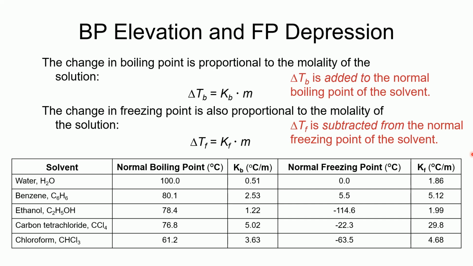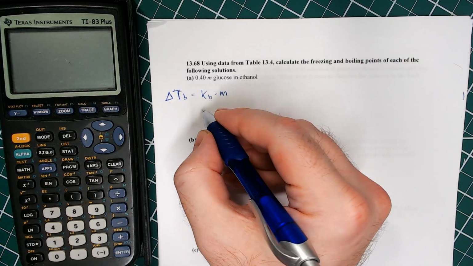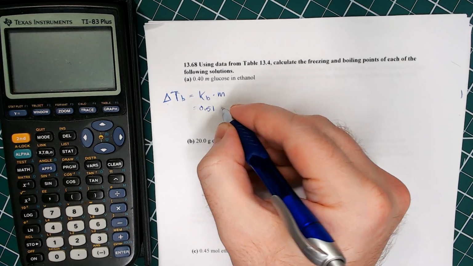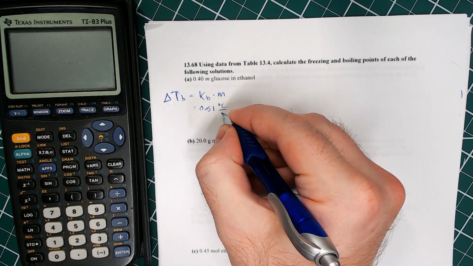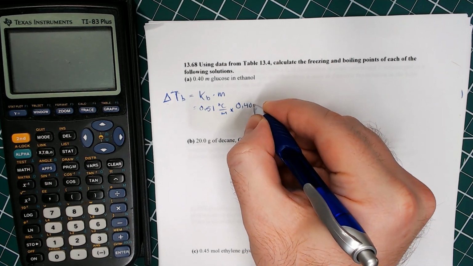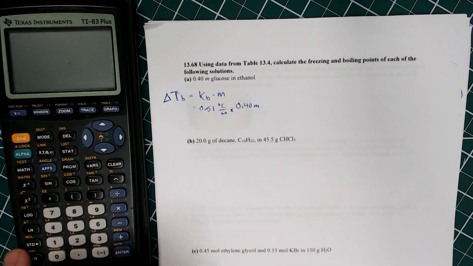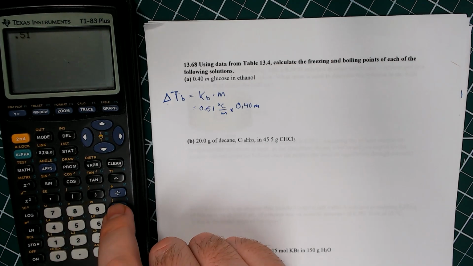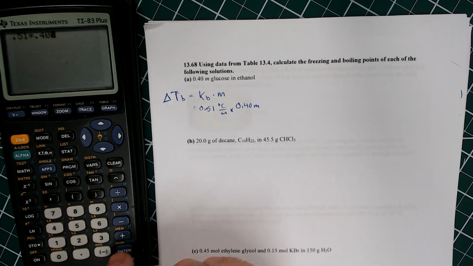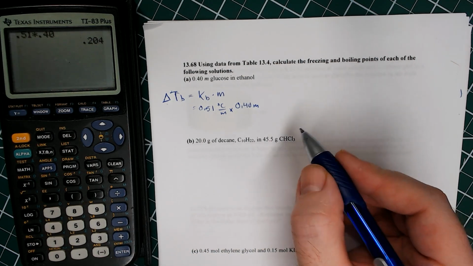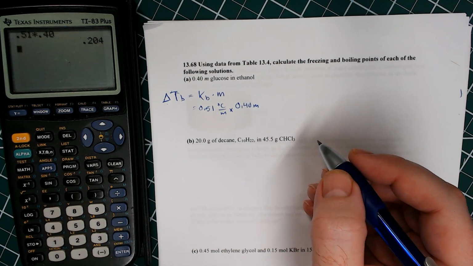So I'm going to come back over here and put 0.51 degrees Celsius per molal times 0.40 molal. So 0.51 times 0.40 equals 0.204.